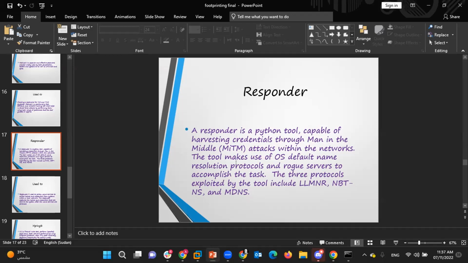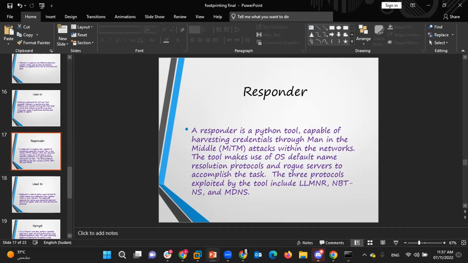It's capable of harvesting credentials. You can get the credentials by the man in the middle attack within the network. It is simple. It is not a big issue. The major thing about this tool is that it makes use of the operating system default name resolution protocol and rogue server to accomplish the task, and the three protocols are exploited.